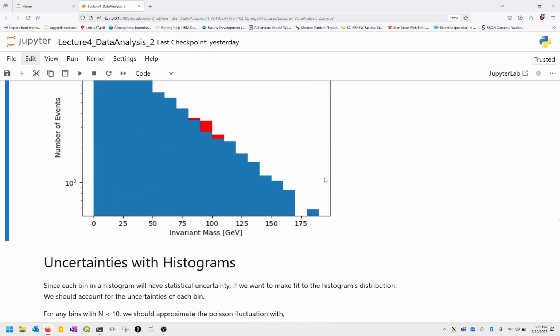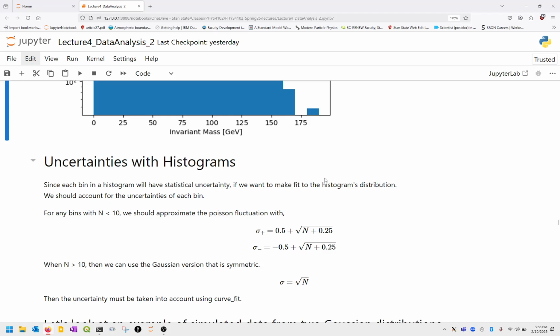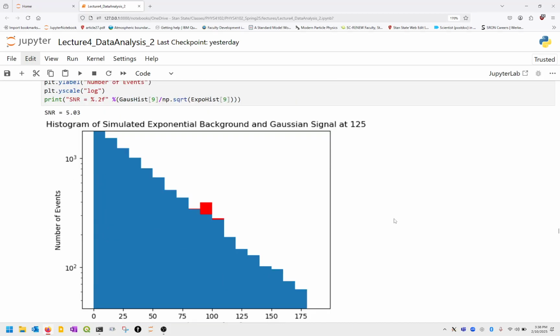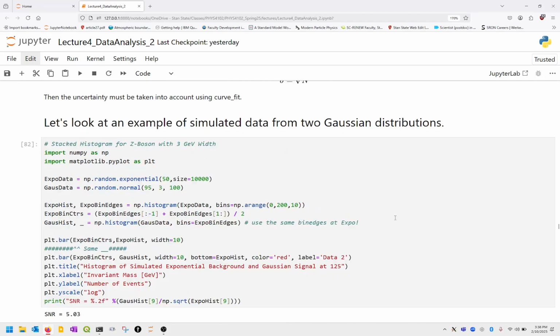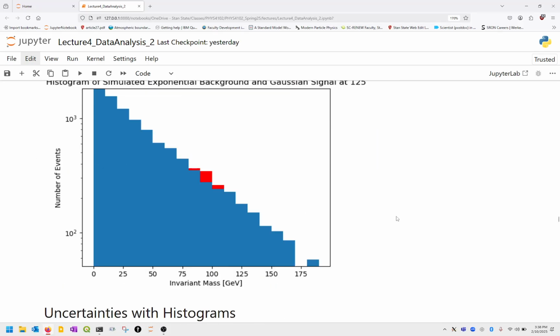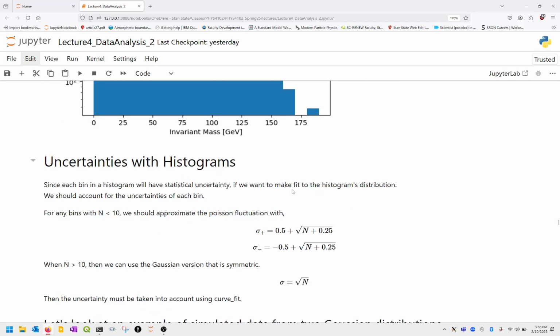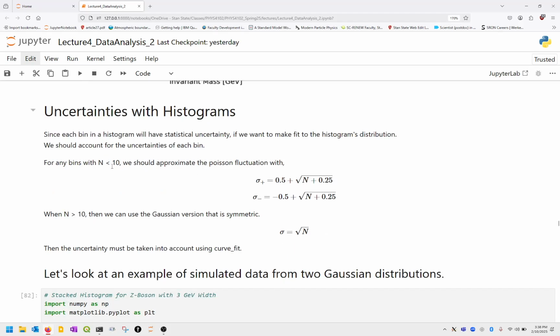Okay. All right. So what I want to cover next, and hopefully this will be the last big thing I want to show you, is how to plot the uncertainties in your histograms also. Just as a review, I'm copying and pasting all the stuff here. If you're calculating the uncertainty on the number of noise events you have, if n is small, meaning in this case less than 10, you should use this equation to calculate it.